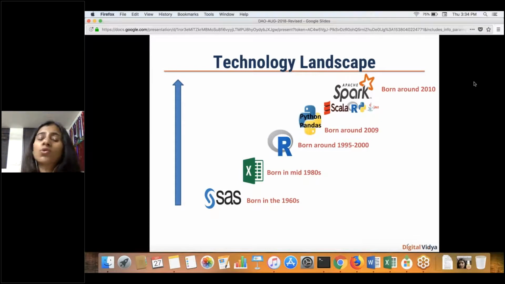And this is where Microsoft Excel comes in, which probably when it was launched, it was thought, okay, it will help with a certain amount of analysis because it's going to help store data.